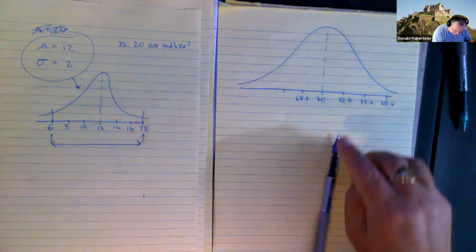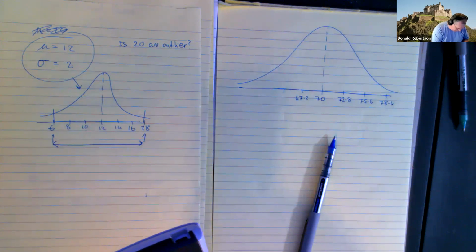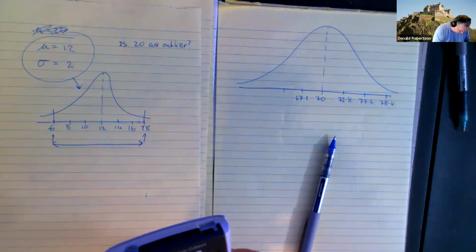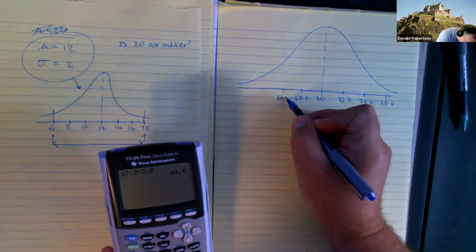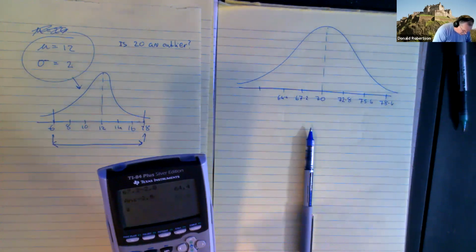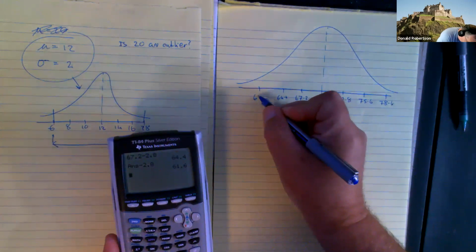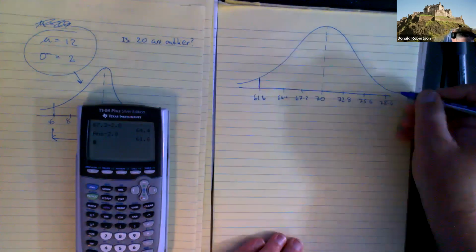If you take another 2.8 away, I'll do that on the calculator, 67.2, take away another 2.8, you get 64.4. And if you do one more, you get 61.6. So there we go.